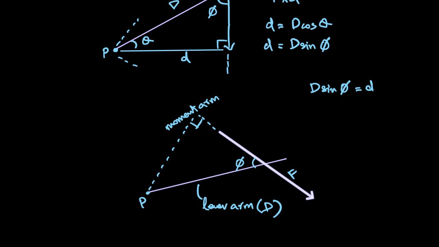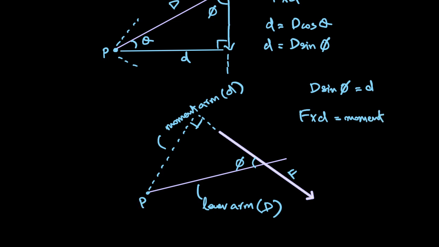And this perpendicular distance is your moment arm, by the way. I'll call this small d. And then you can just apply the formula F times small d, and this will give you the turning effect or the moment about point P.